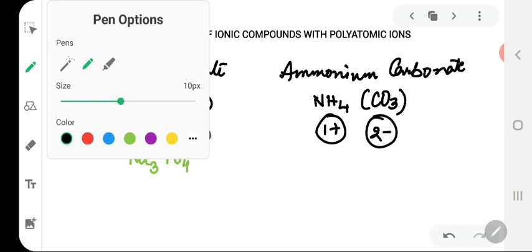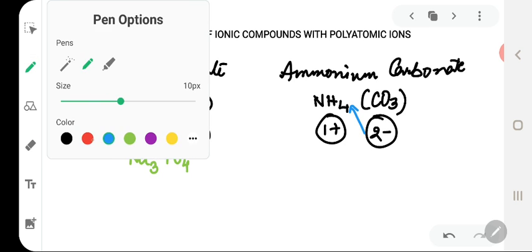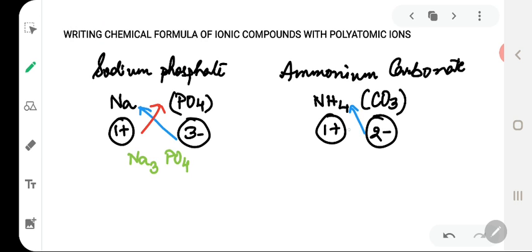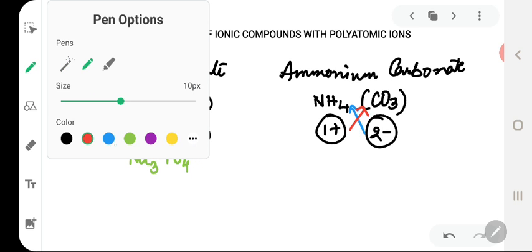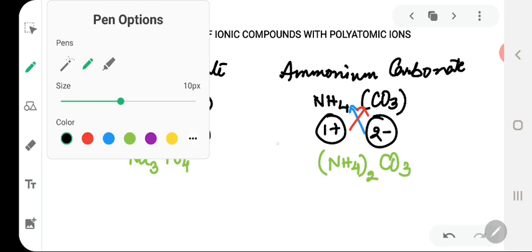So now we need to do the crisscross. So 2 minus comes this side and 1 plus goes that side, and hence the formula becomes (NH4)2CO3, putting NH4 inside bracket with 2 and then CO3. So this is the formula for ammonium carbonate.